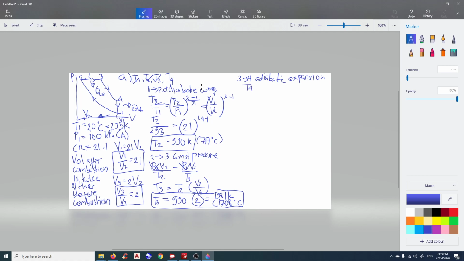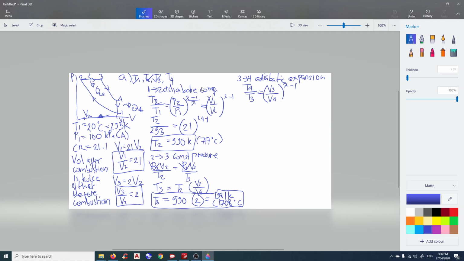T4 over T3 will be equal to V3 over V4 to the power gamma minus 1. Now we don't have the V3 over V4 expression here, so we're going to deduce it from what we have so far.